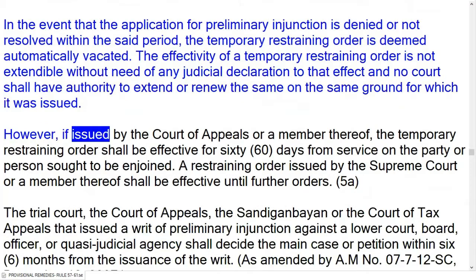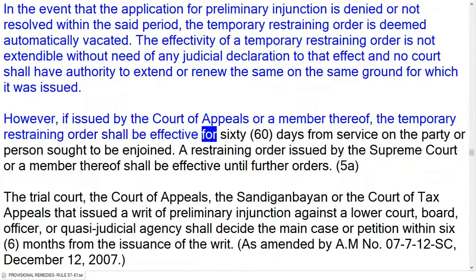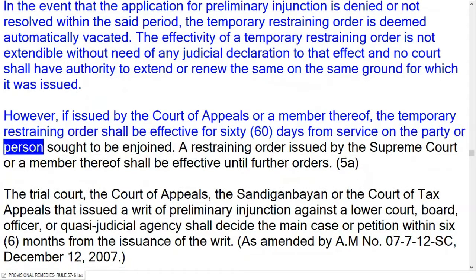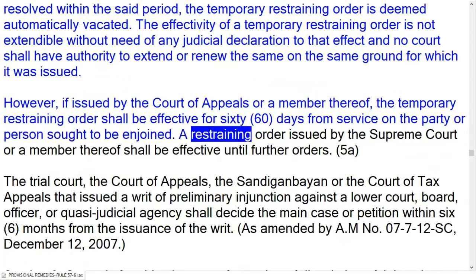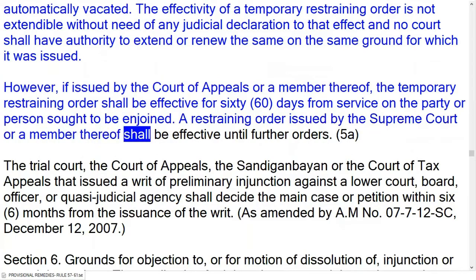However, if issued by the Court of Appeals or a member thereof, the temporary restraining order shall be effective for 60 days from service on the party or person sought to be enjoined. A restraining order issued by the Supreme Court or a member thereof shall be effective until further orders.